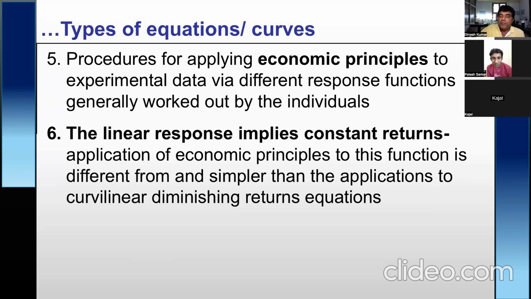Application of economic principle to this function is different from and simpler than the application to the curvilinear diminishing return function. The problem here is that you cannot decide the optimum level of the input in this case, because the return is the same for each additional unit of the variable. So therefore, here you cannot decide.